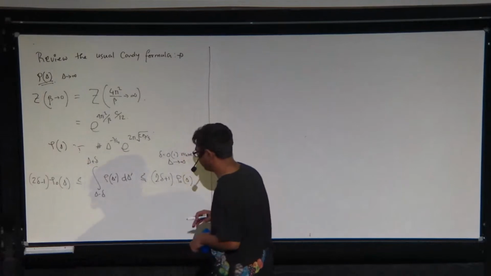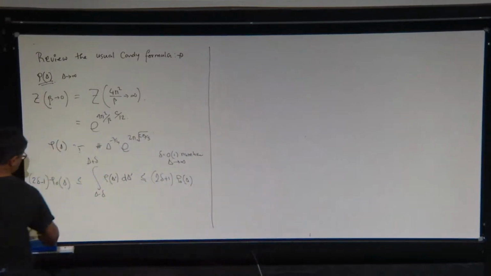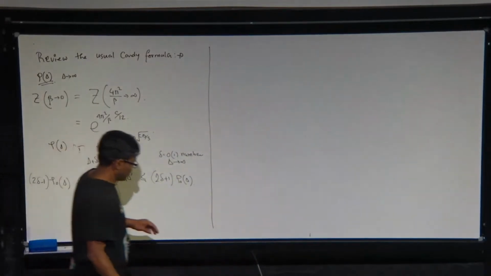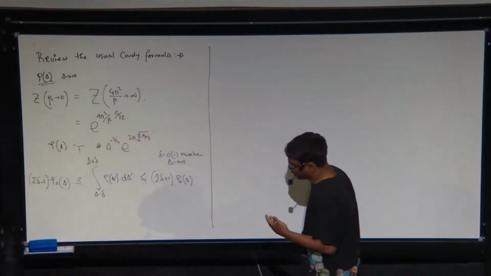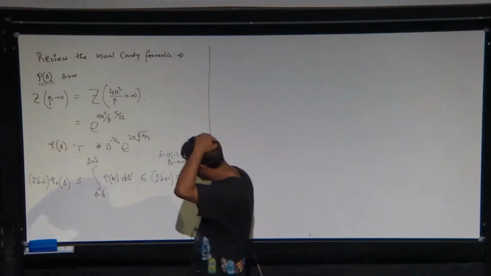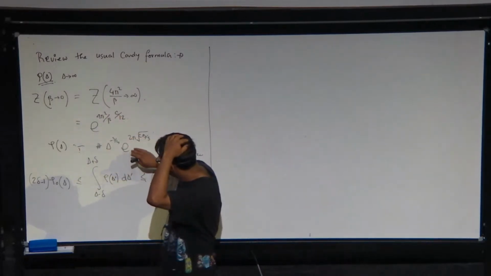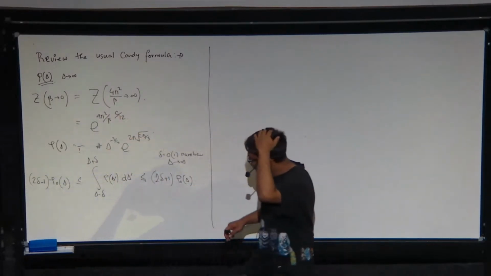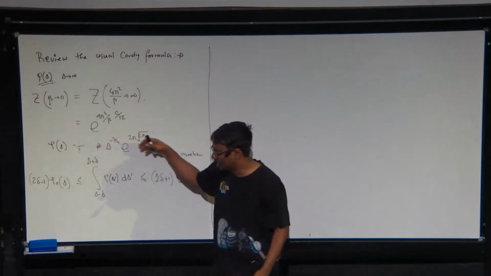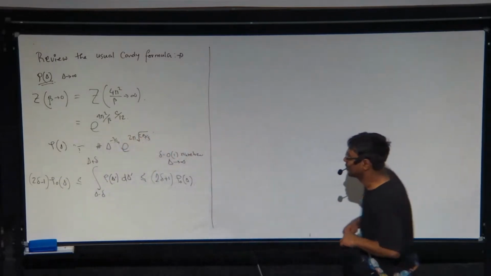Okay. So the first question is how you set up the problem so that we can derive this kind of inequality and refine the naive version of this density of states.